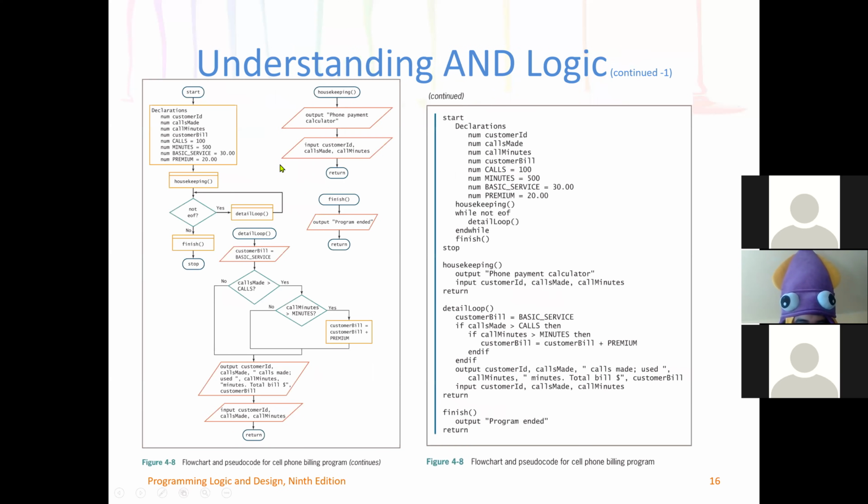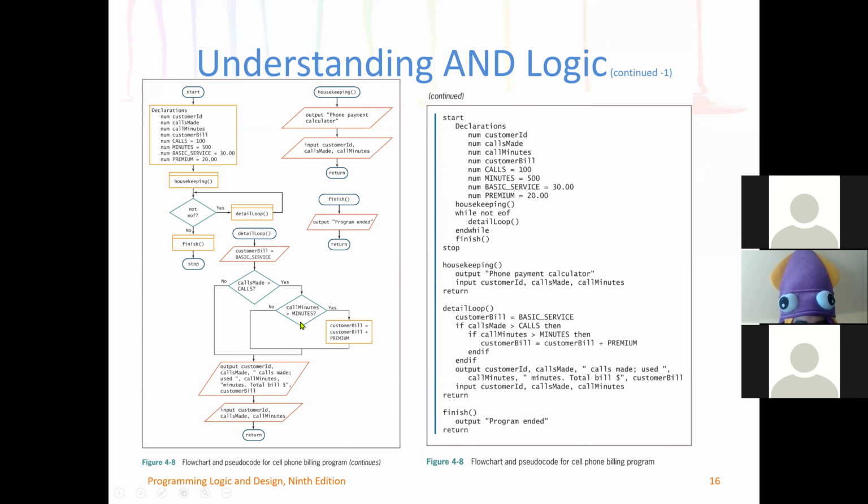So this is an example here. We have the same program, so there's a declaration here. We have the loop to execute some conditions. Then here we have a statement, but you can see we have two conditions. So this is called a nested if statement or selection statement. First, I said that if the calls made is greater than calls, if it's no, then we skip.